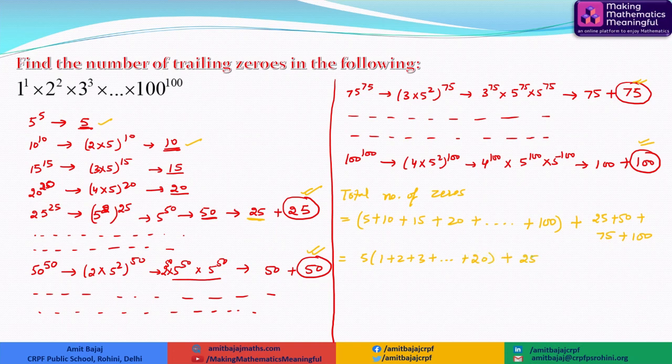And this is 25 plus 50 plus 75 plus 100. So finally, this is equal to 20 into 21 by 2, and this sum is actually 250. So finally, the sum is 1300, which is the required number of zeros at the end of this product.